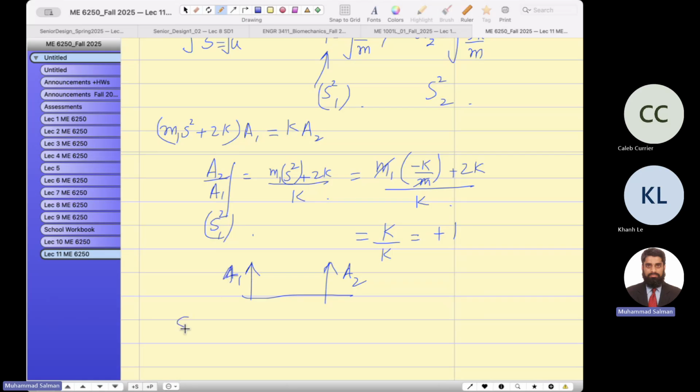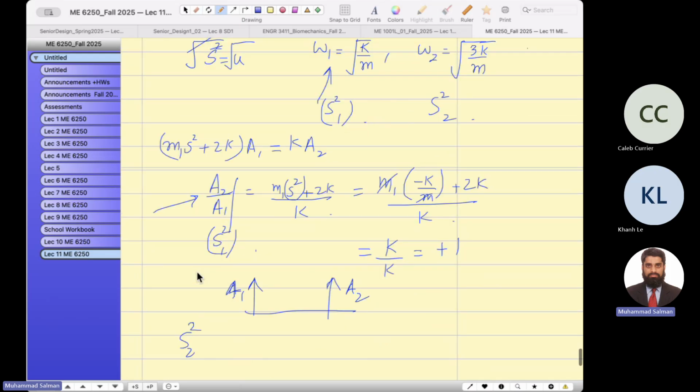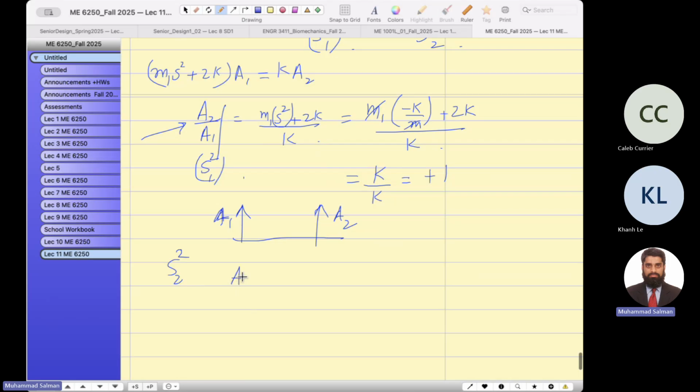So let's plug in for the second fundamental, higher mode, into this ratio to see what happens to the ratio A2 over A1.